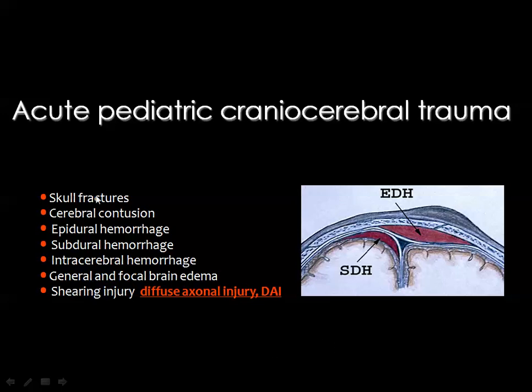These are the issues we would like to discuss, and this is a diagram which is very helpful so that you can appreciate the difference between the epidural blood and the subdural blood. The epidural blood has a convex inner margin, and it can cross the midline, and it is usually related to a skull fracture, and this skull fracture may be associated with an extracranial subgaleal hemorrhage as well.